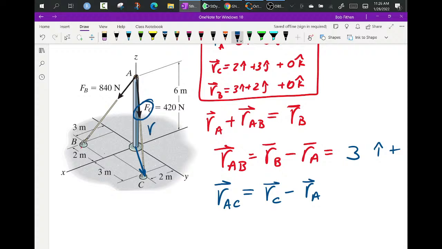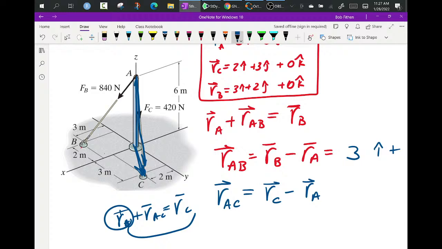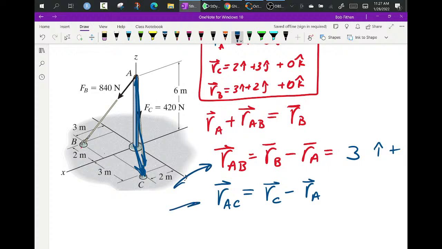So this will be RA to C in the direction of the force. And so I go out RA and then RAC. So in other words, RA plus RAC is going to get me the same as RC. So I'll just take that, move to the other side, and get this equation. So the similar mindset that we did here, we're doing here.